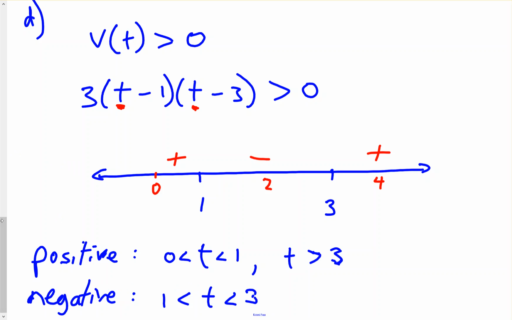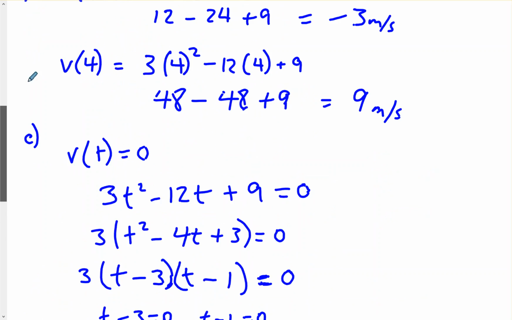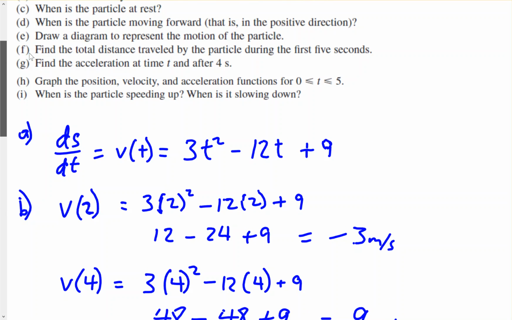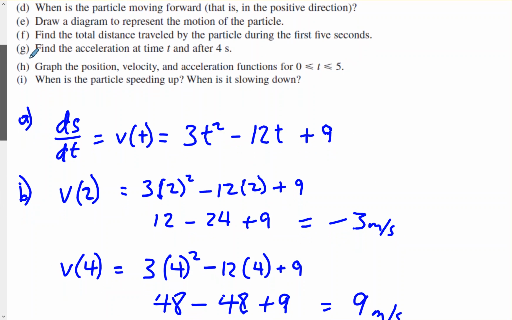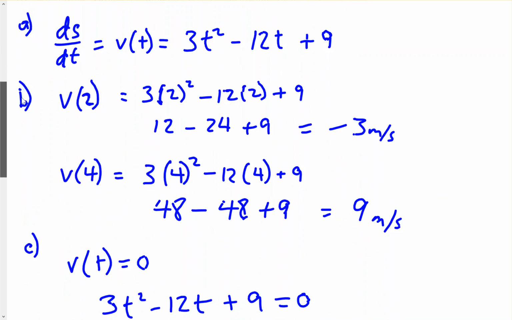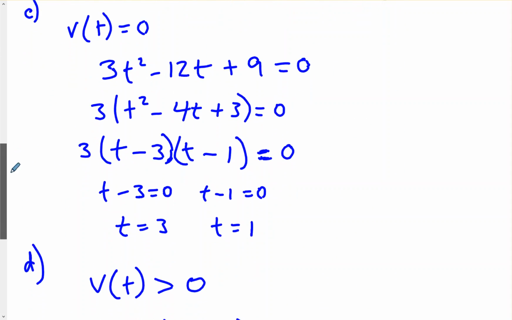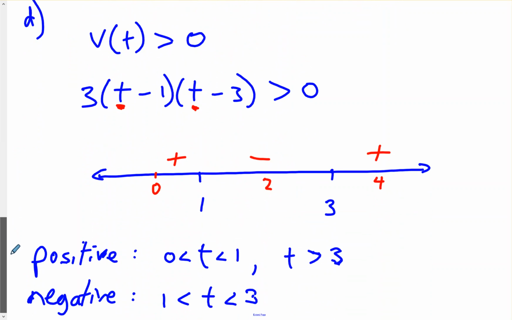Alright, let's take a look at our next part. Draw a diagram to represent the motion of the particle. Okay, we'll do that in a second. But the idea is we would have forward movement from 0 to 1.